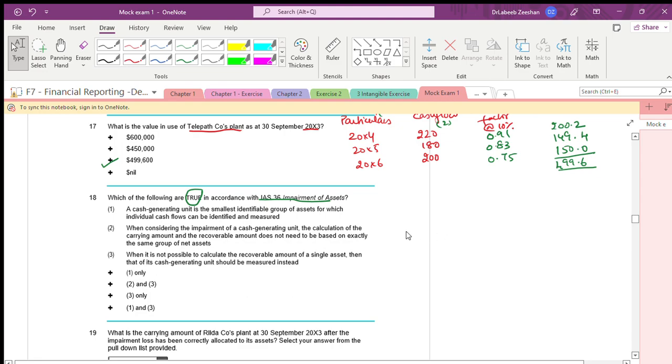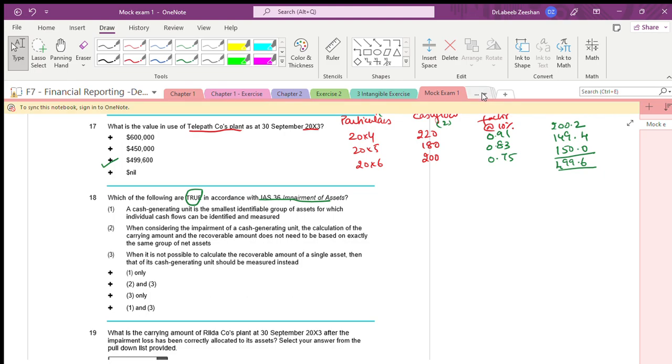When considering the impairment of a cash generating unit, the calculation of the carrying amount and the recoverable amount does not need to be based on exactly the same group of assets. When it is not possible to calculate the recoverable amount of a single asset, then cash generating units should be measured. Means they are focusing on cash generating units.